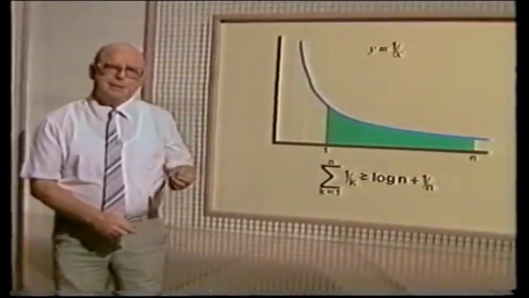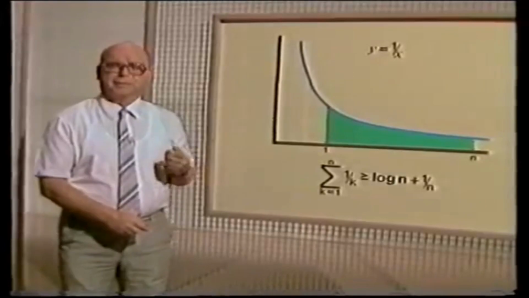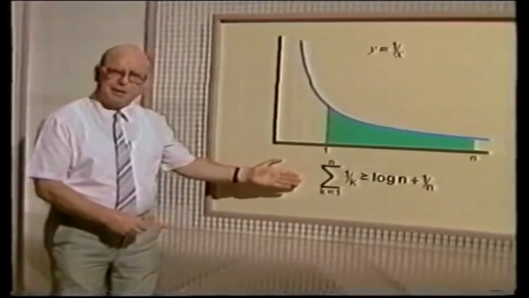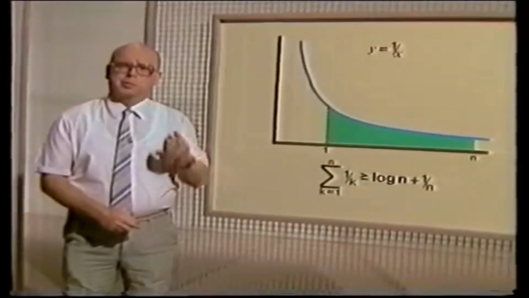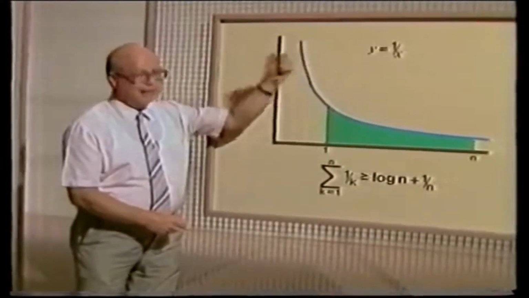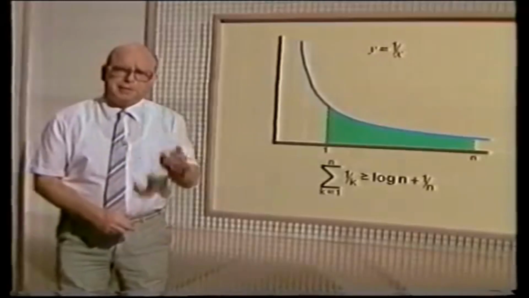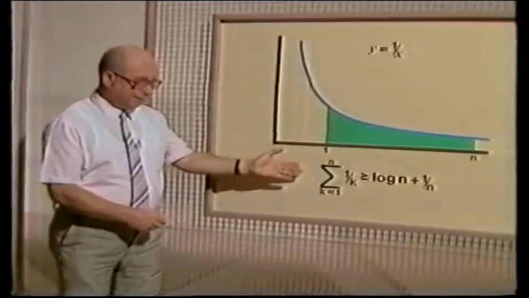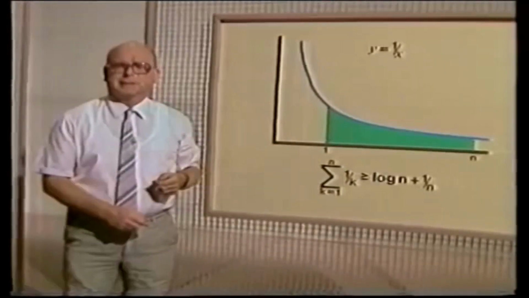Now we've just seen that we could associate the terms of infinite series sigma 1 over k squared and sigma 1 over k with values of functions 1 over x squared and 1 over x, and use the integrability of these functions to deduce convergence or divergence of the corresponding series.